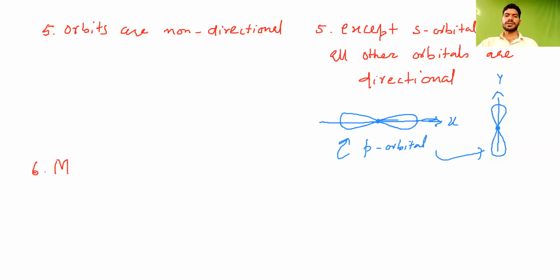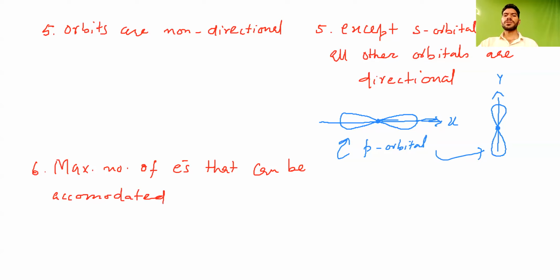You will write that the maximum number of electrons that can be accommodated in any orbit is given by the 2n square formula. I hope you remember this, right? 2n square, n is the shell number.